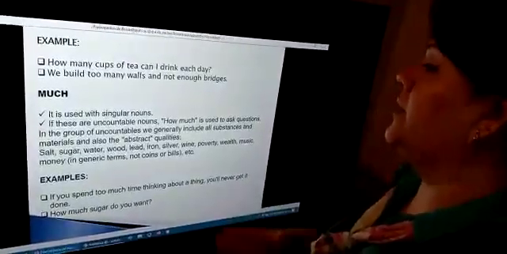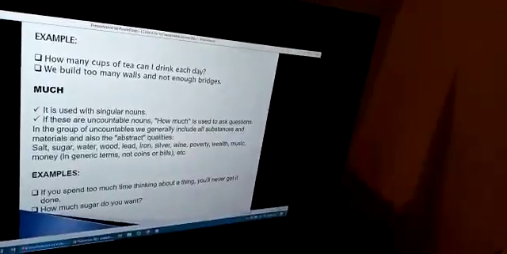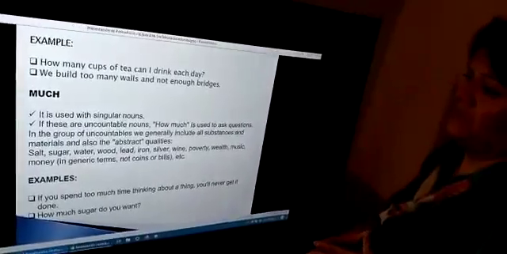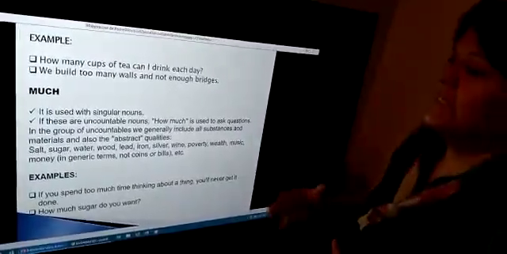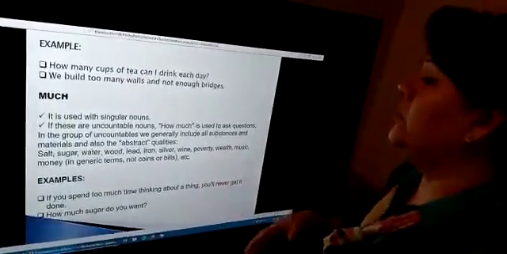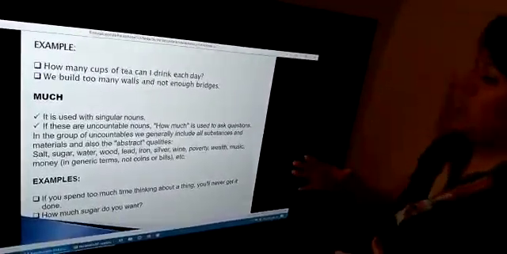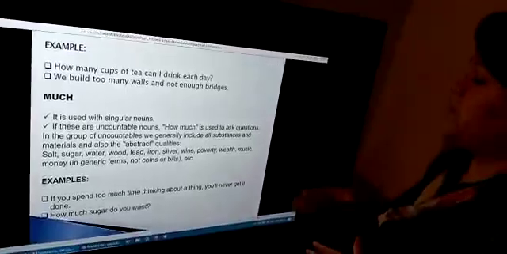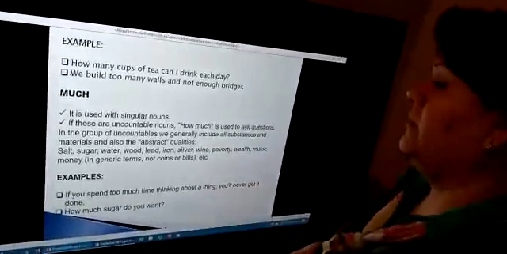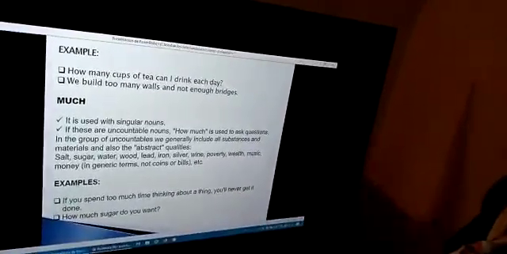In the group of uncountable, we generally include all substances and materials and also the abstract qualities. What are they? Salt, sugar, water, wood, lead, iron, silver, wind, poverty, wealth, music, money in generic terms, not quantities or bills.